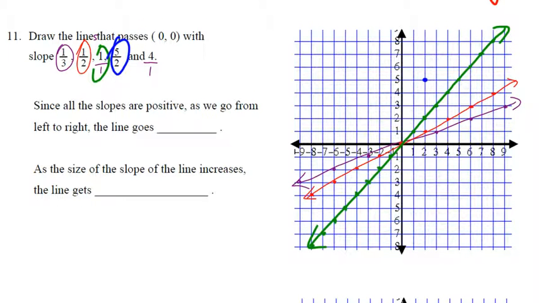Up 5, right 2, can't go up 5. Down 5, left 2, can't do that again. So now I have just 3 points this time. And I guess we'll go black for that one. So 4 over 1, up 4 over 1, up 4 over 1, down 4, left 1, down 4, left 1.